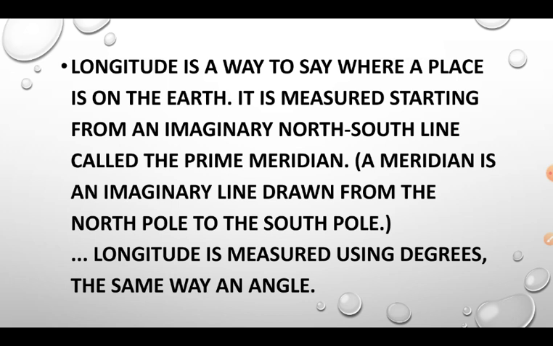Longitude is measured using degrees, the same way as an angle. Now students, these longitude lines are imaginary lines to locate a particular country, place or continent, right? So this longitude line is used to locate a place.